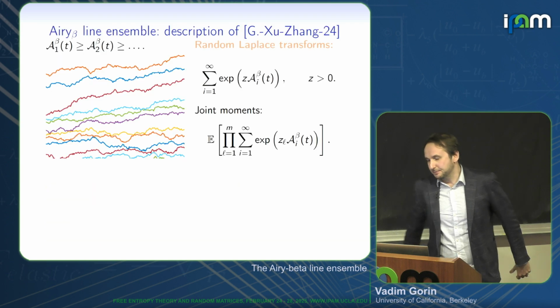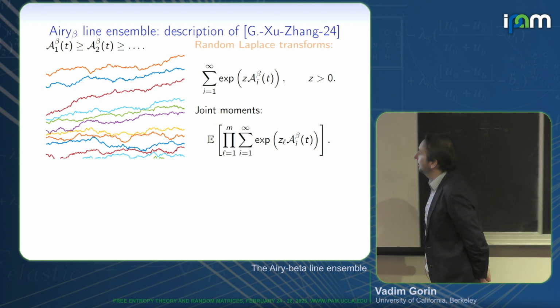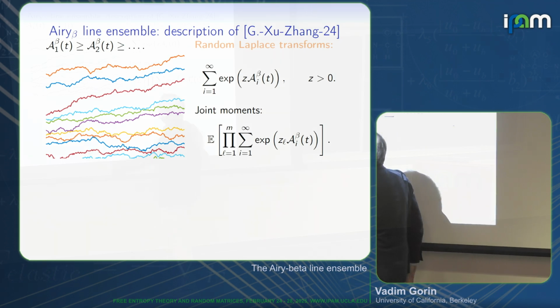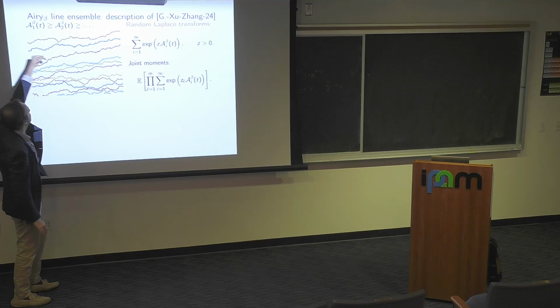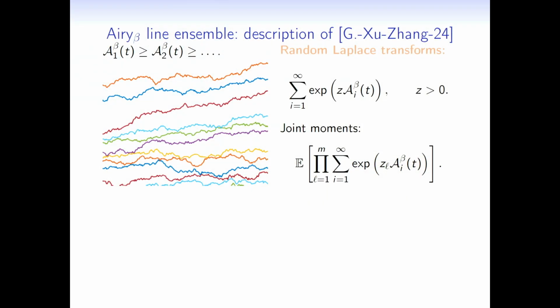Okay, so what is our description? In our paper, the description of this limiting object is given by the following language. You have your collection of random curves, this A. You first start by taking a parameter z and looking at the vertical section of the picture, and then computing a kind of Laplace transform of the positions of particles.